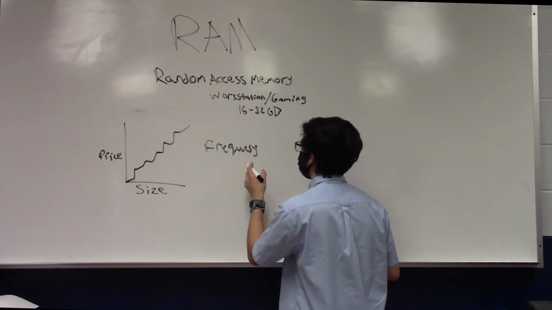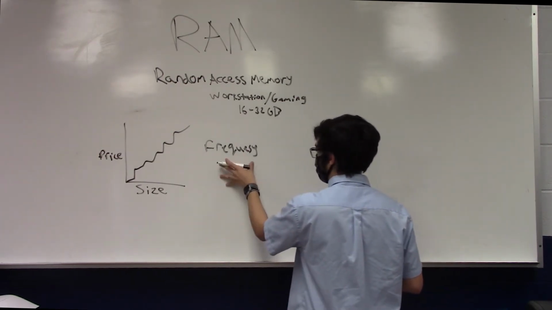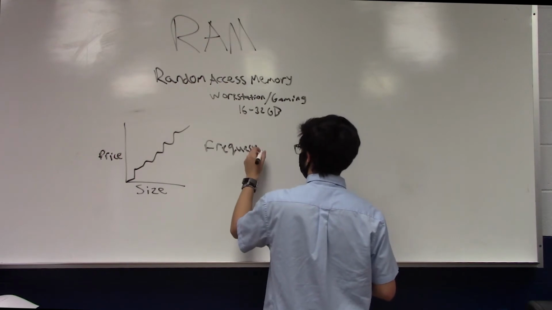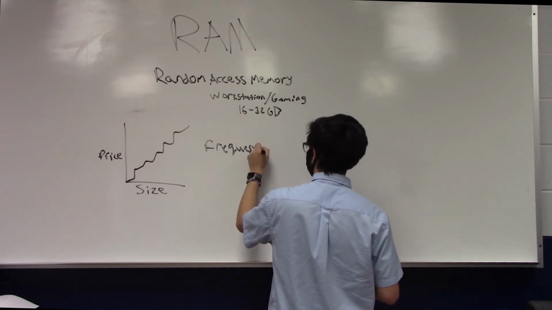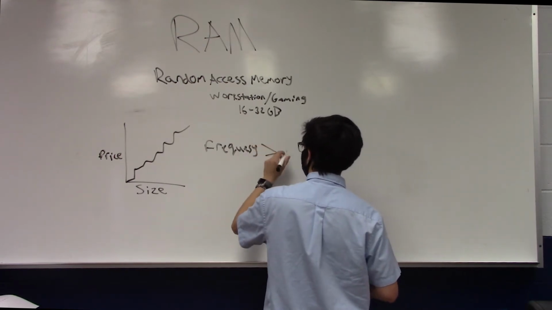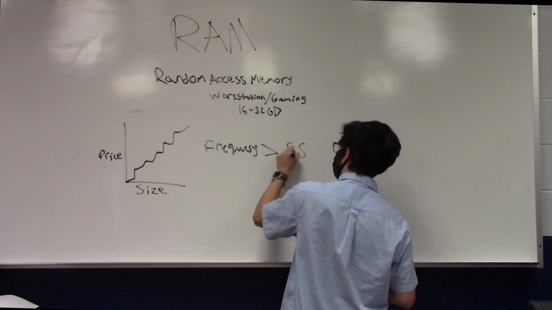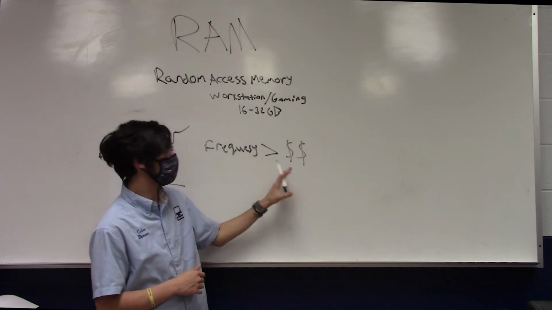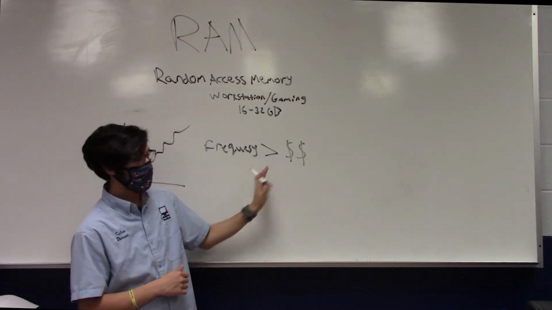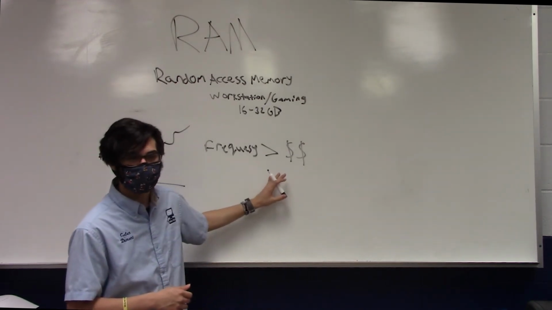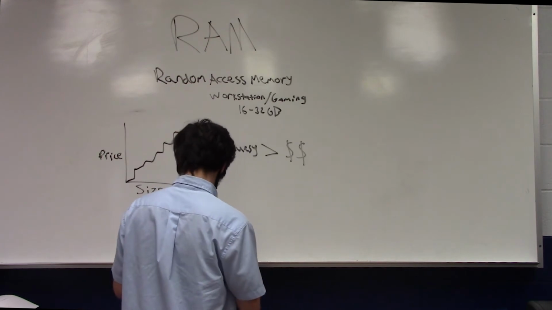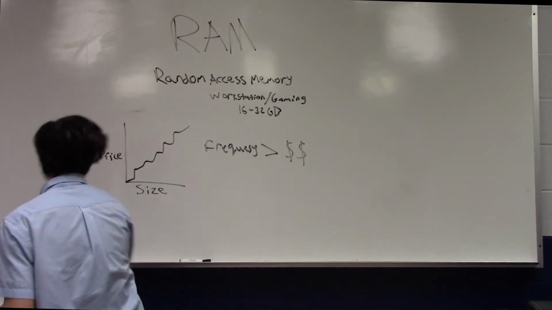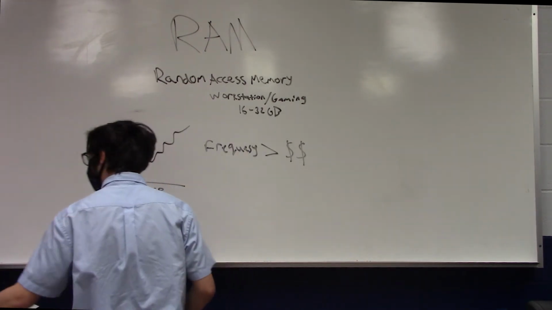All right, I'll get a new marker for next video. Frequency. The higher it is, the more expensive it is. So higher frequency equals greater money. That's not the right term for that, but I get that.